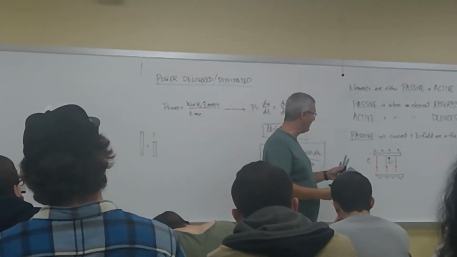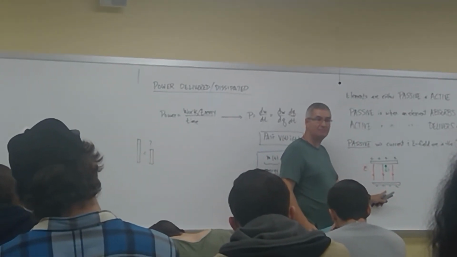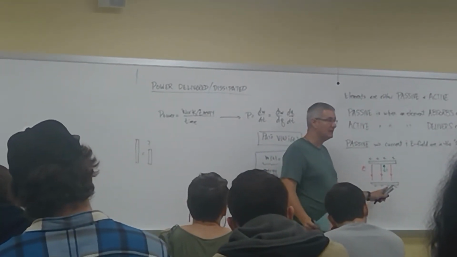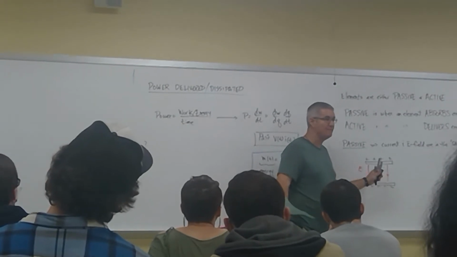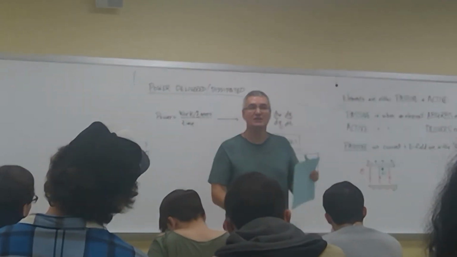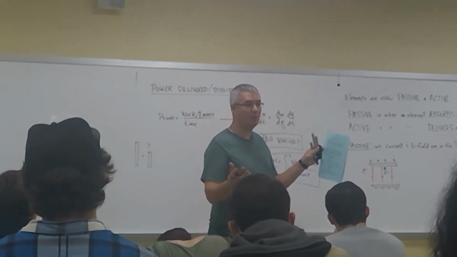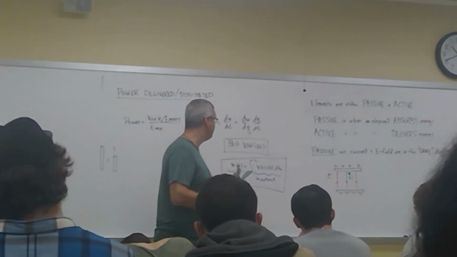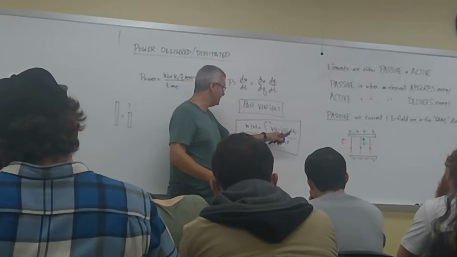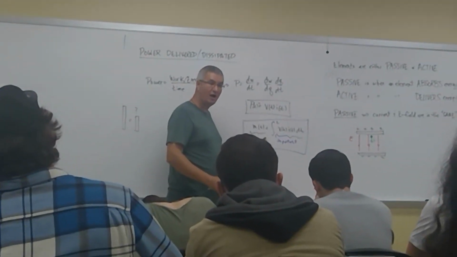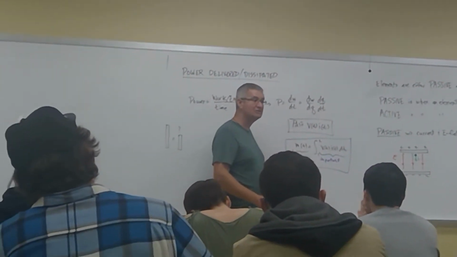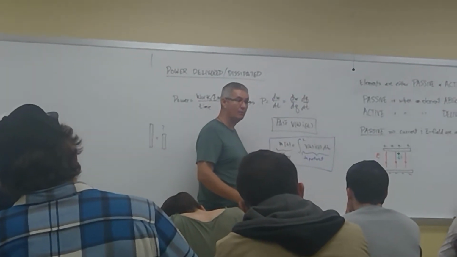So what happens when that positive charge hits that negative plate? It has less negative charge. If it has less negative charge, then the voltage drop across that plate must be lower. But if the voltage is lower, then the energy of that element must be lower as well.